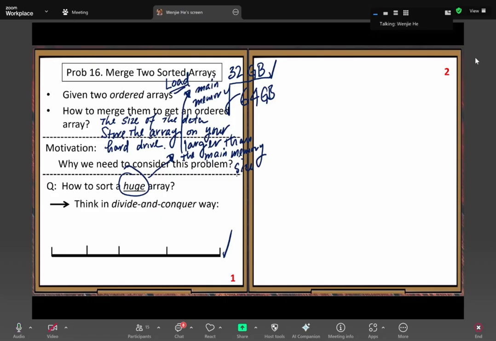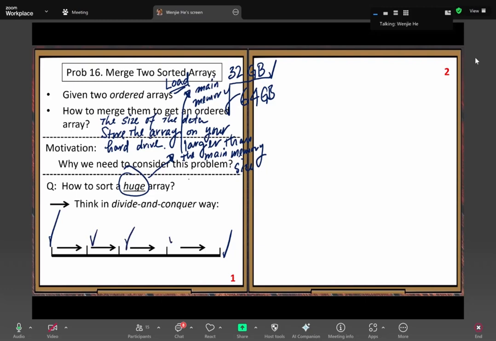After you can load each subarray into the main memory, then you can choose an appropriate sorting algorithm to sort it, right? So then we can apply a normal sorting algorithm. The sorting result is that we can make sure each subarray is sorted.